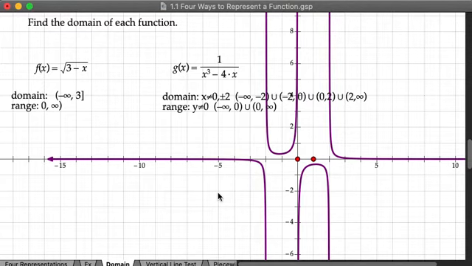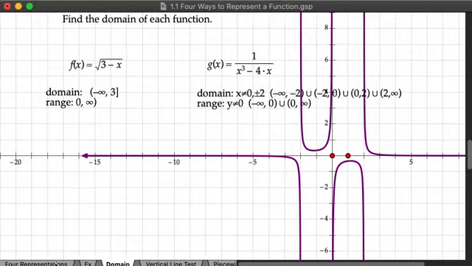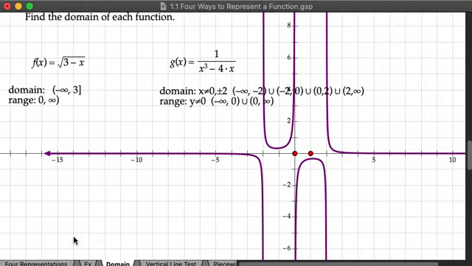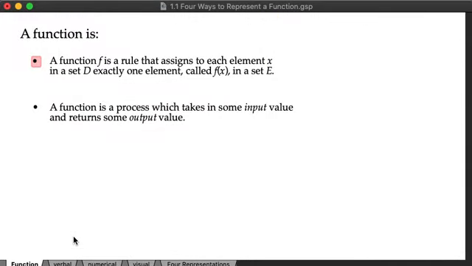Now, when we're talking about functions, looking at the definition of function, one of the parts of the definition is that each element x in the domain is assigned exactly one element in the range.